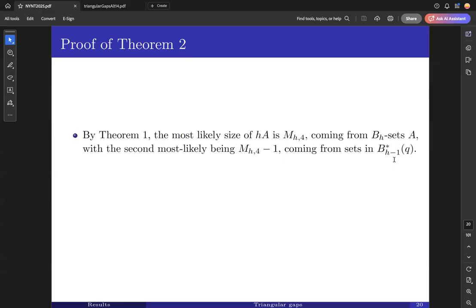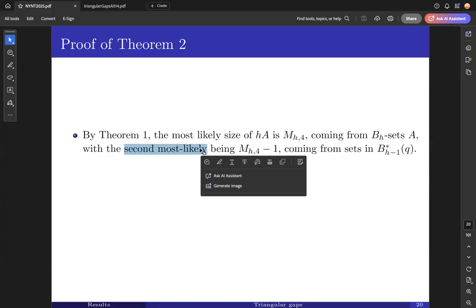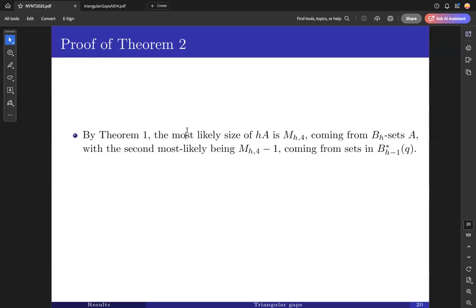Just checking, the second spike in your picture going from right to left was actually larger than the middle spike, right? So this second most likely is actually technically not correct, right? Yes, that's where I realized I was using sloppy language here. So what you mean is going from the largest down, going from right to left in your diagram, the second spike.